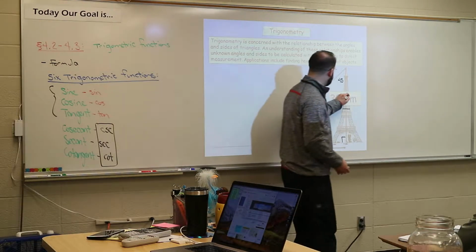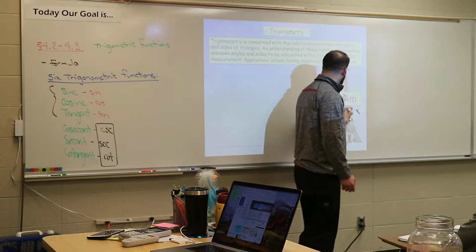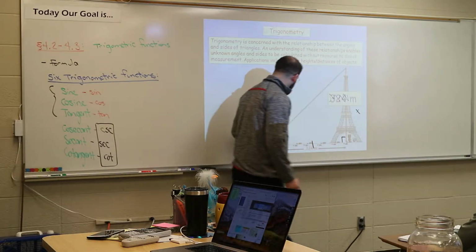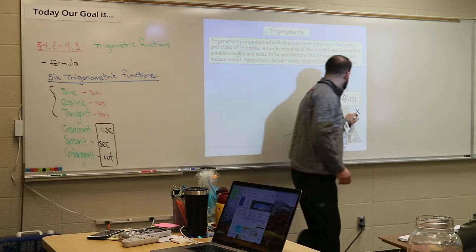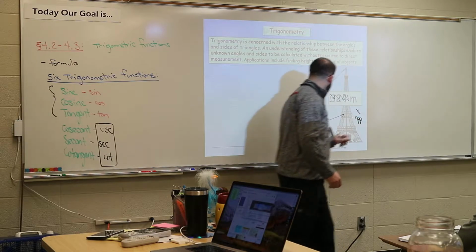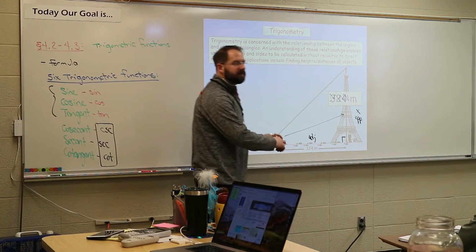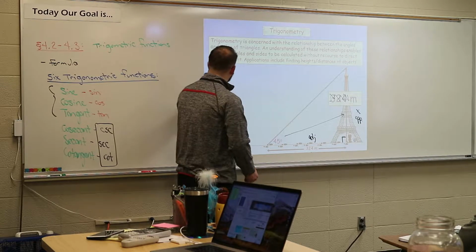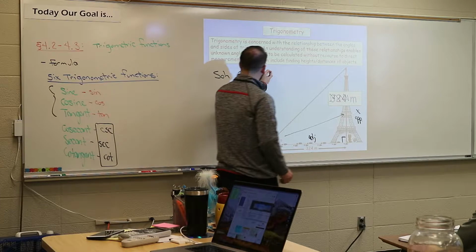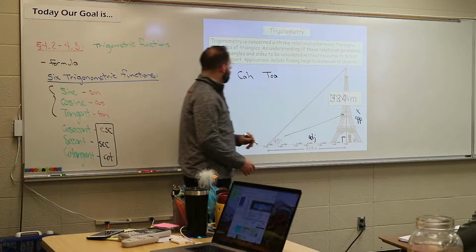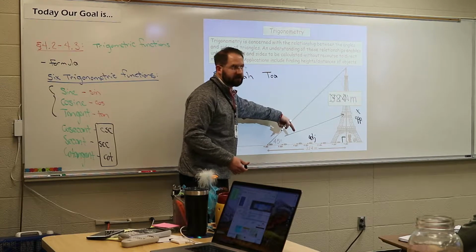So let's say we didn't know this number. Let's say that's what we're trying to find, the height of this object, and I'll call this x. Okay? And so we're going to use my angles. Now what is this wall called? Opposite. Opposite wall, okay? So we're going to use the opposite wall. This is now the adjacent wall. It's the wall next to my angle. And so if we're thinking about SOH CAH TOA, we could find which trig function to use based on the labels on my picture.